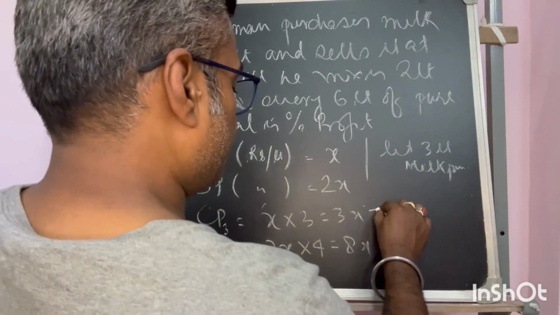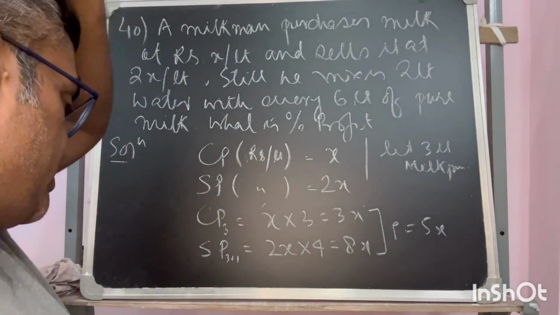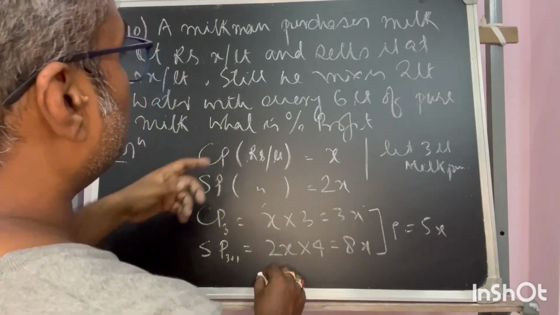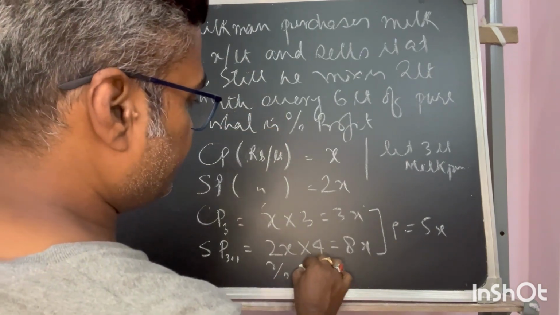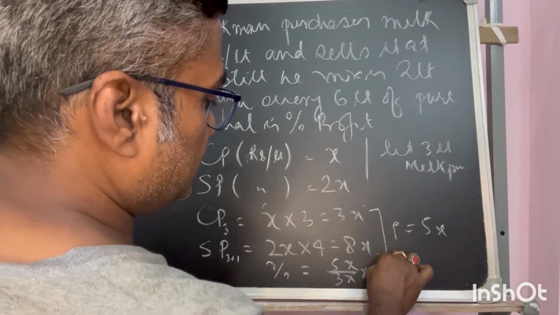So the profit is how much? 5x. So that profit is on what? 3x. So I have to calculate percentage profit. That is equal to 5x upon 3x into 100.